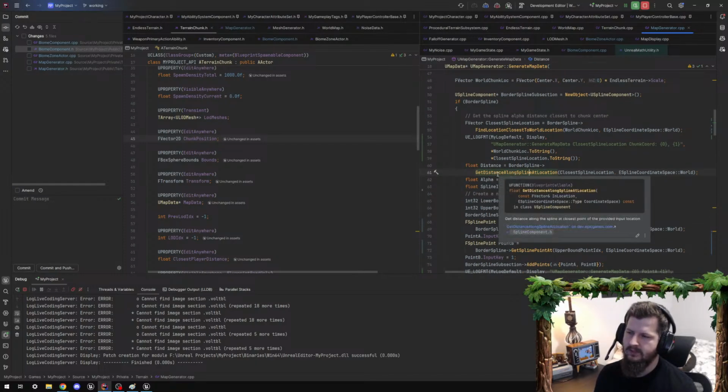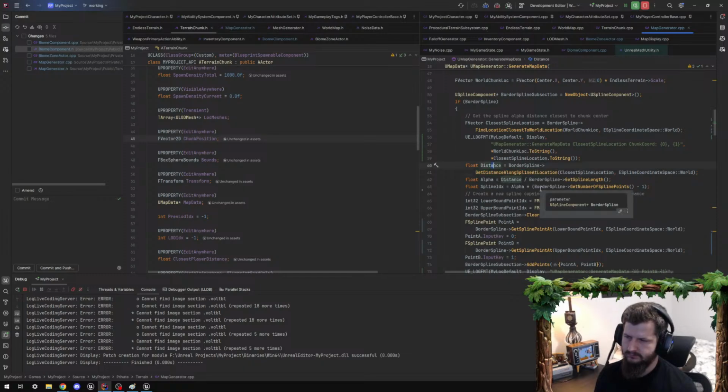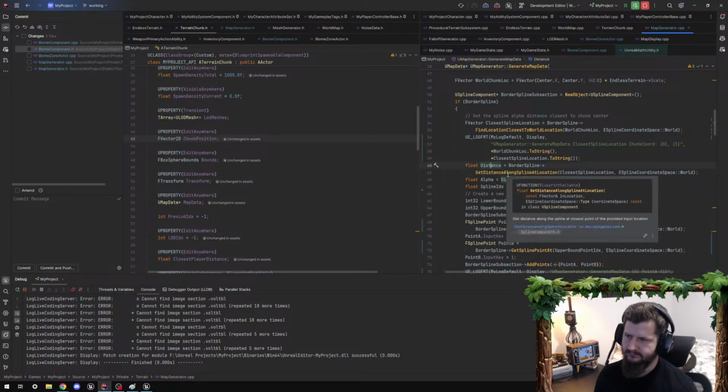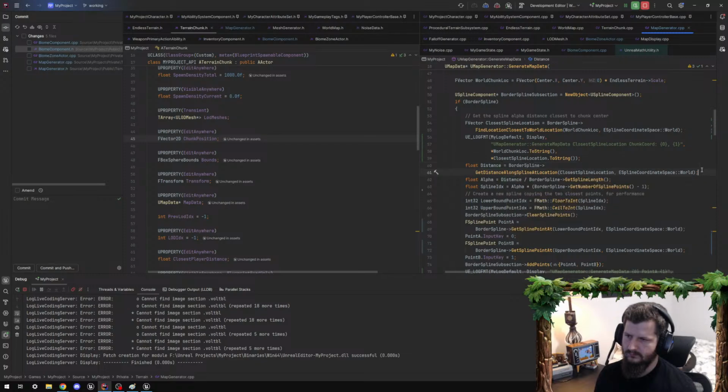Distance along spline at location. Okay, so I get a distance. And I logged this at one point. And I divided the distance by the spline length, the total length along this spline. So that gave me the alpha.